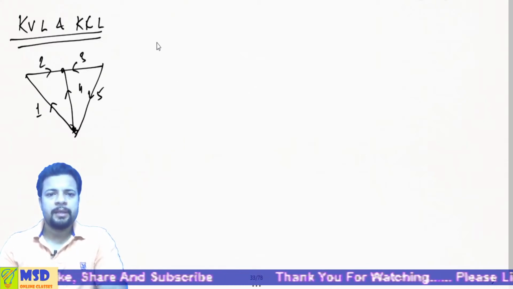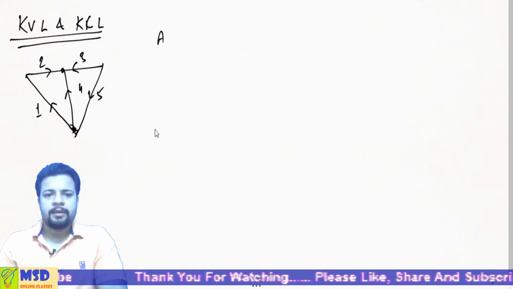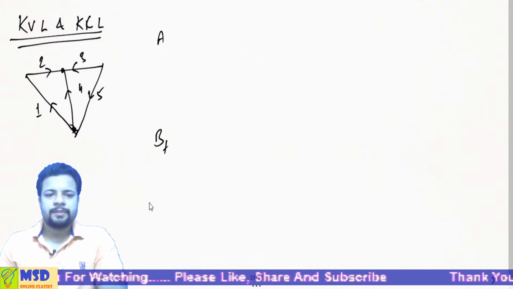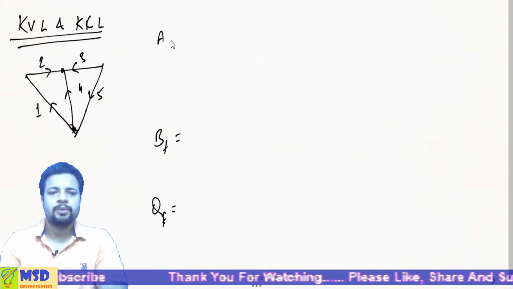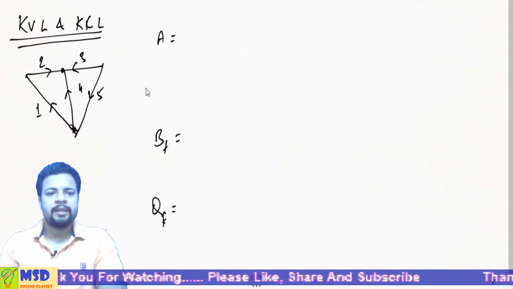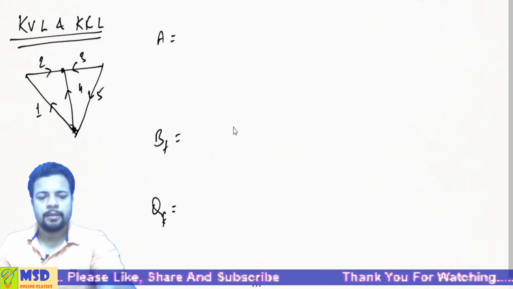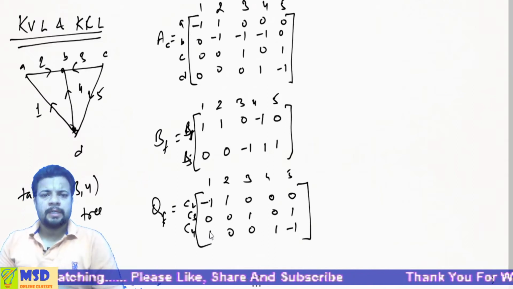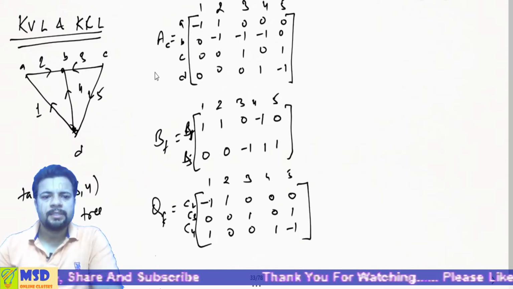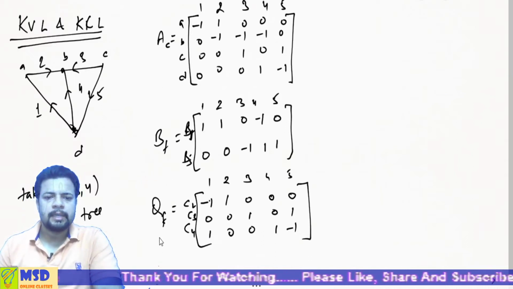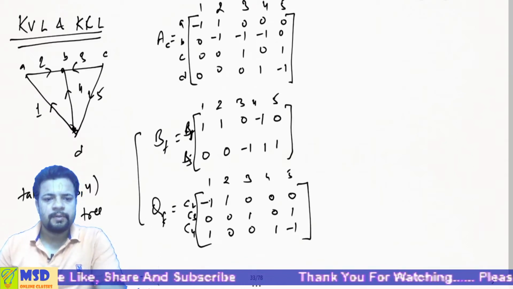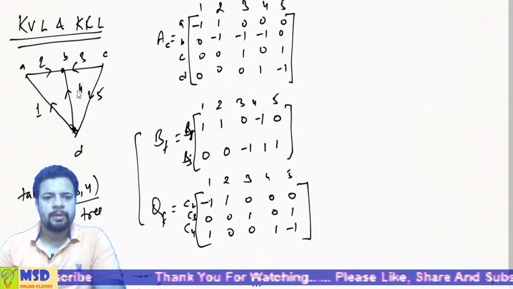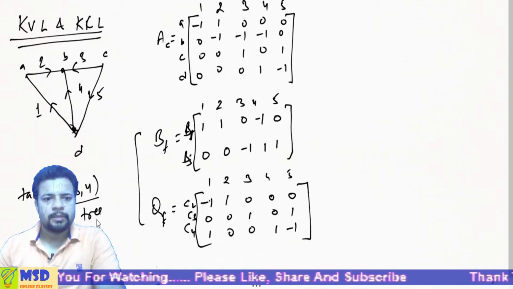Now let me write these 3 matrices first quickly, and then I'll tell you what are KVL and KCL in graph theory. So friends, I have developed complete incidence matrix, fundamental tie-set and fundamental cut-set matrix, and these 2 matrices are developed taking 2, 3, 4 branches as twigs of a tree.